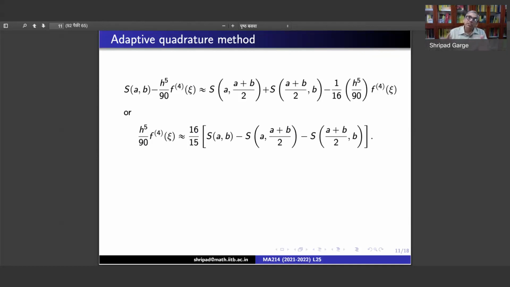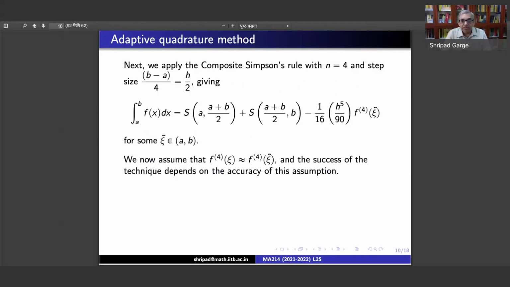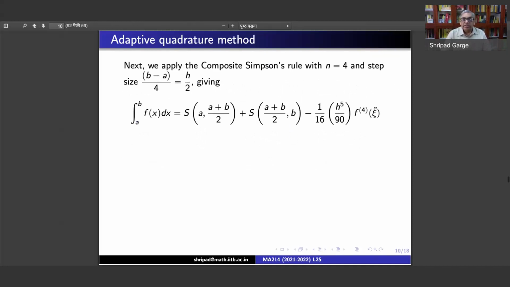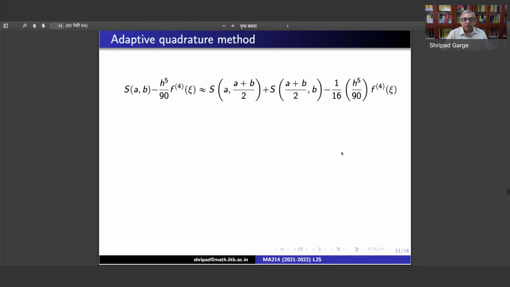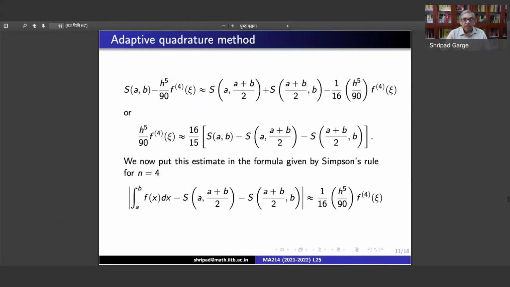And now we will put this value back in the last formula that we had obtained. This is the formula. So in this formula, we have some value for the error in terms of the remaining S values. So we put it back and we see that this is the error formula really.